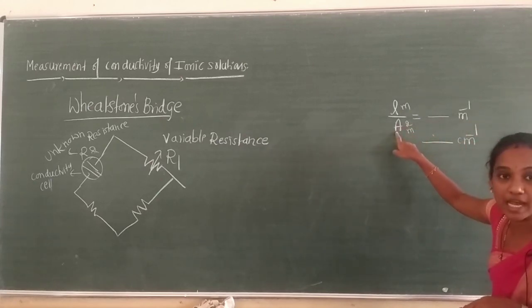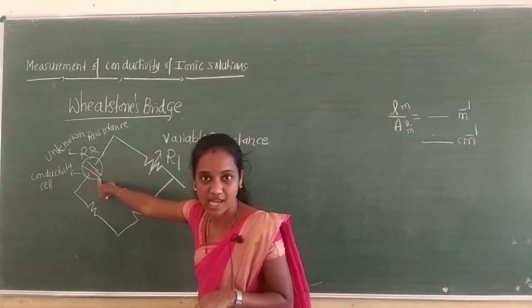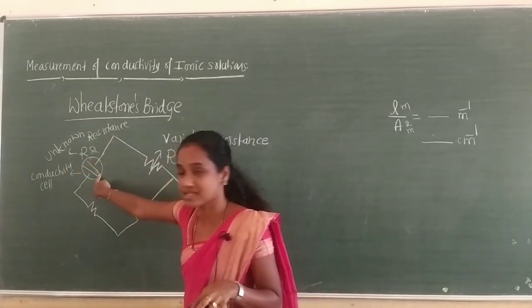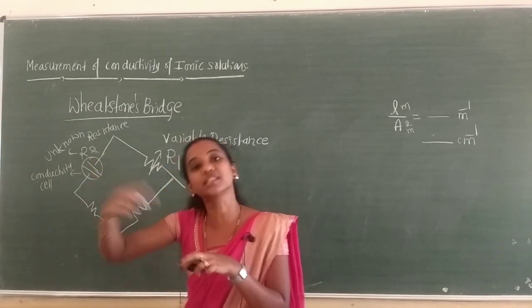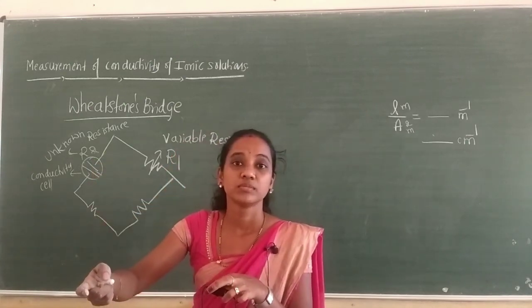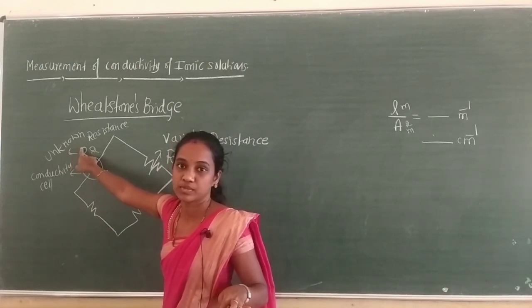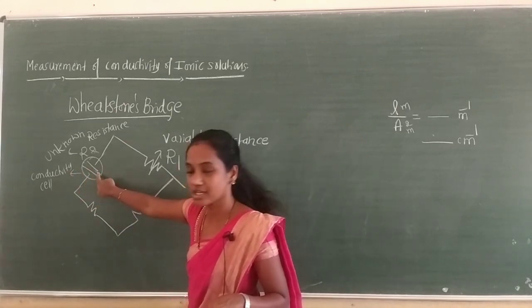Already we have calculated the cell constant of that particular conductivity cell. The same conductivity cell is placed here. Inside the conductivity cell, now we have another solution. The resistance of that solution is unknown. That we have to calculate, or we have to measure the resistance of that particular solution.